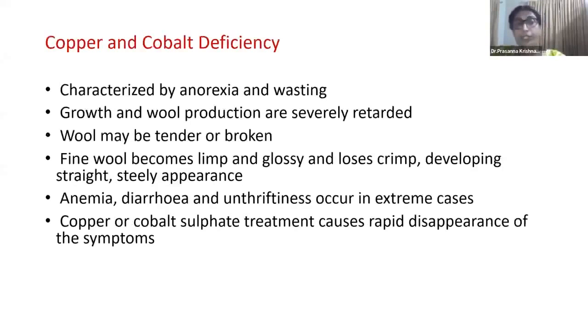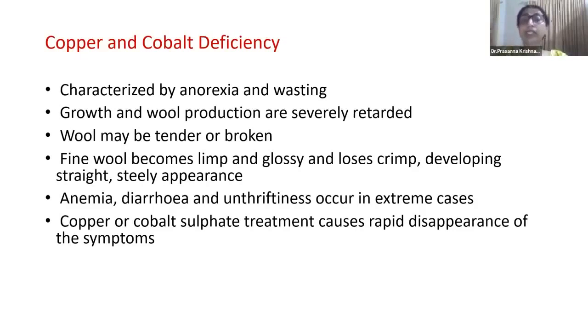That alone is sufficient. Then copper and cobalt deficiency is characterized by anorexia and wasting. Growth and wool production are severely retarded. These are again trace minerals, essential elements. Copper and cobalt are required for many metabolic functions. They act as coenzymes.